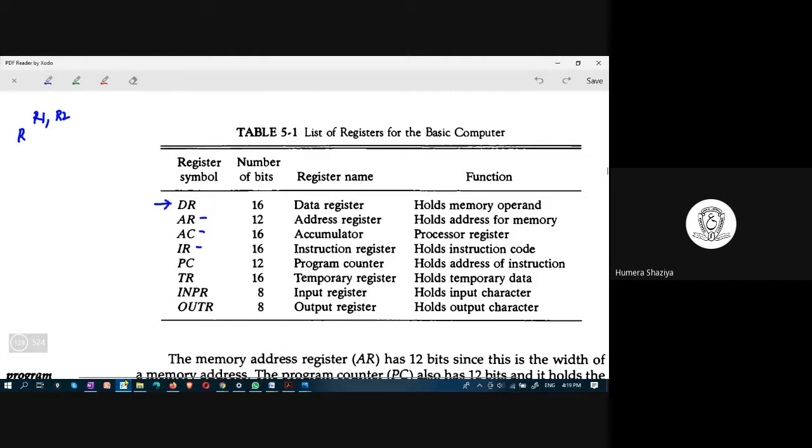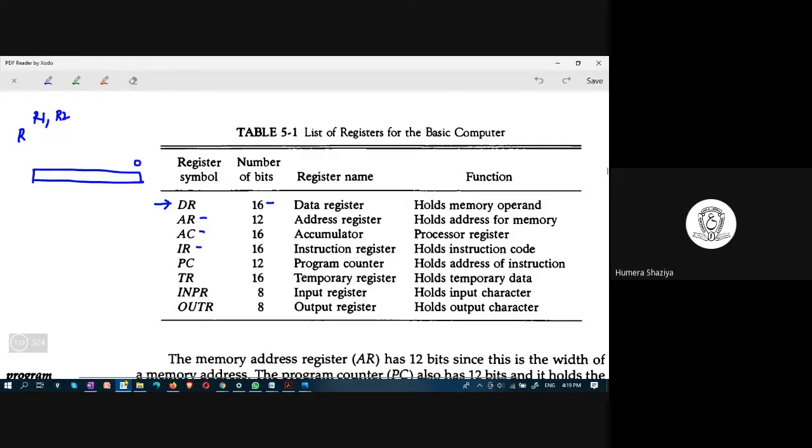The first one is data register, DR. How many bits can it hold? 16 bits. All right. So what will be the bit positions? Can anyone tell me? First one will be 0 to 15.